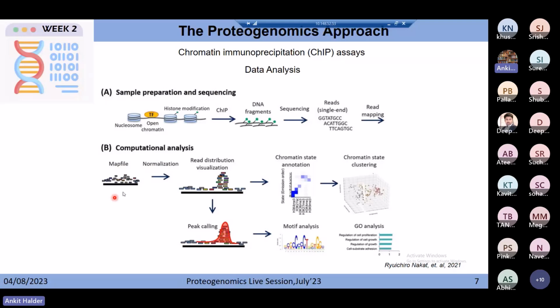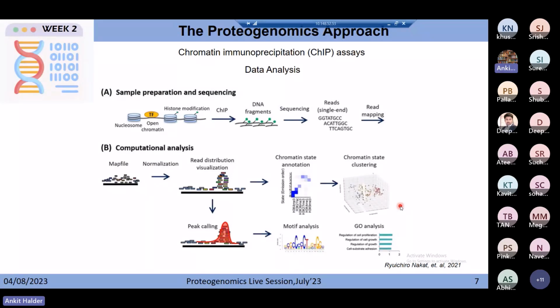For this, we generally follow this kind of pipeline, where you do mapping, file normalization, then read the data, and then you find the peaks, that is, you call the peaks for that region. Then you annotate those, and then you do motif analysis or gene ontology. These are in the secondary part, after you have got the particular genomic regions.